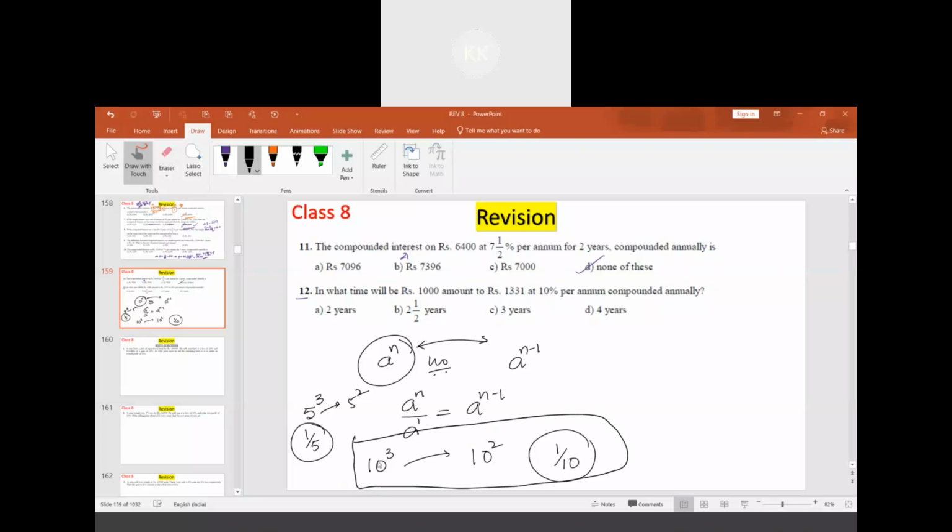If the base is 10, then 1/10 of the previous number is exactly the correct answer. But they have not given that the base is 10. They have just said for a fixed base. So there is no answer in the given options. Understood? Yes, sir.